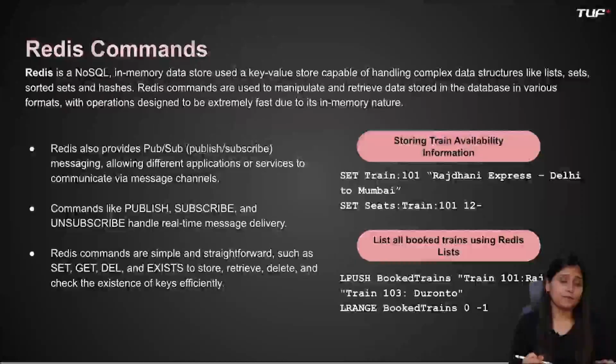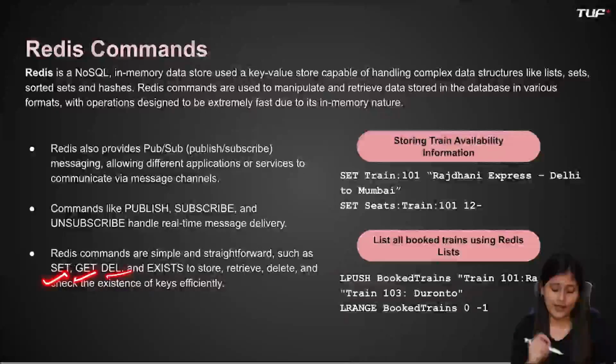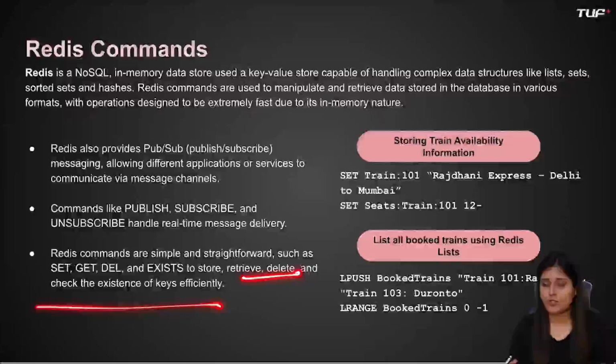So it also helps with the pub/sub type of model, basically real chat systems like WhatsApp. Redis commands are simple and straightforward, such as set, get, and delete. For delete we use del, for setting or getting we use set and get, and exists to check if the data is already there, to retrieve, delete, and check the existence of a key efficiently.